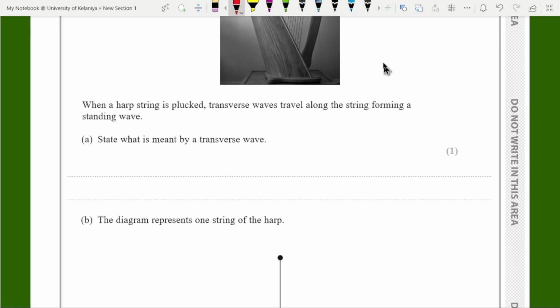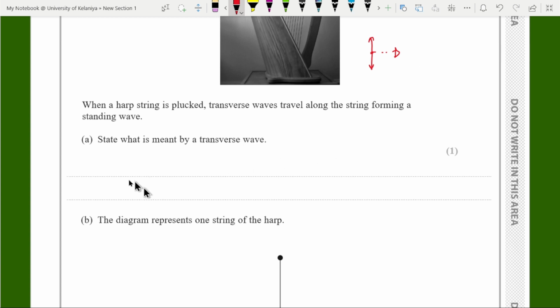So this is the oscillations, and they are perpendicular to the direction of energy travel or direction of wave travel.